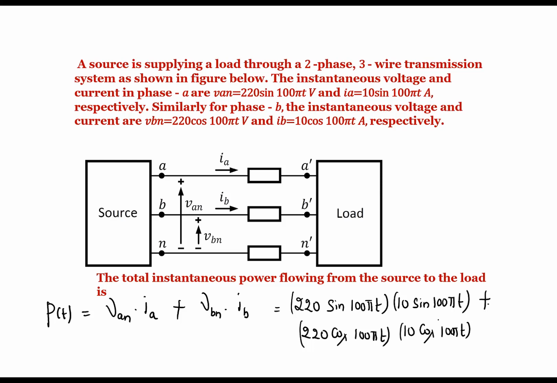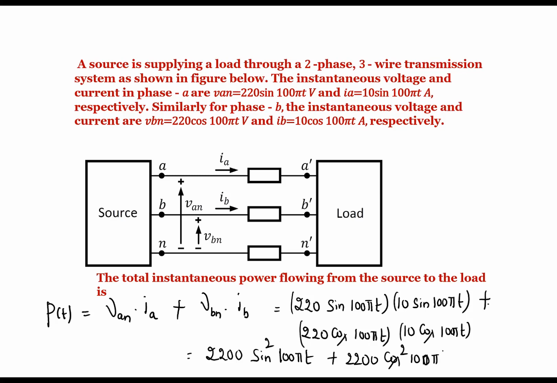Okay. If you multiply these terms, what are you going to get? 220 into 10, that would become 2200 sine square 100 pi t plus 2200 cos square 100 pi t.